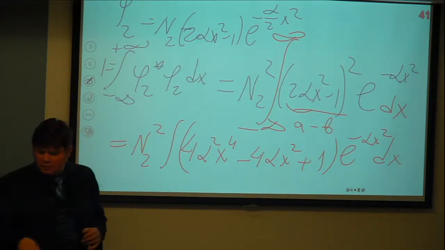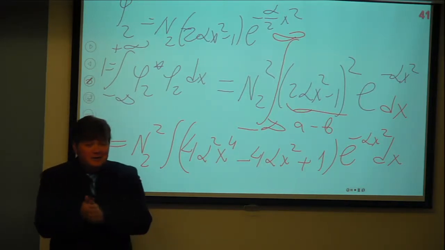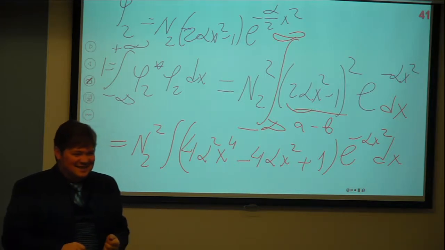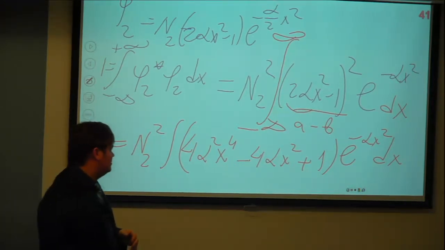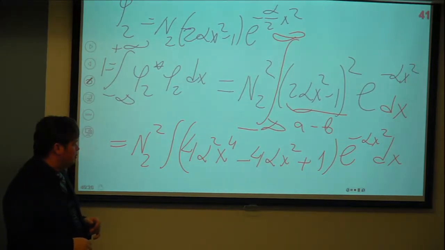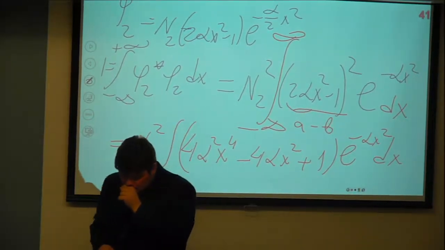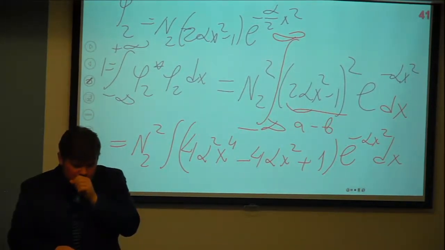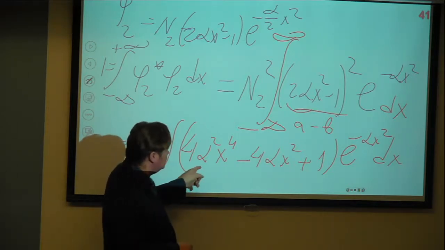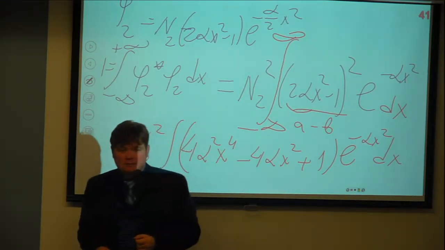So how are we going to take this integral? I'm not going to take this here. I will just show guidelines and declare the result. You see that there are 3 terms, so you can open brackets and consider this expression as 3 independent integrals. Why?